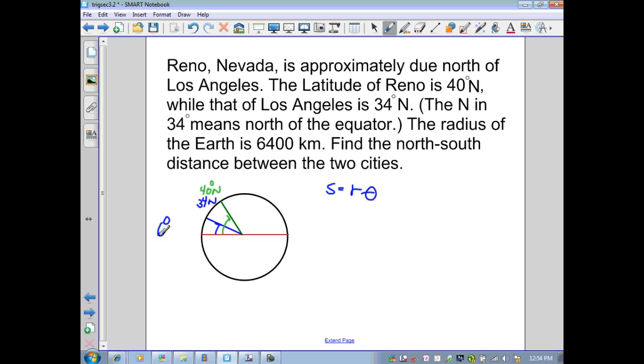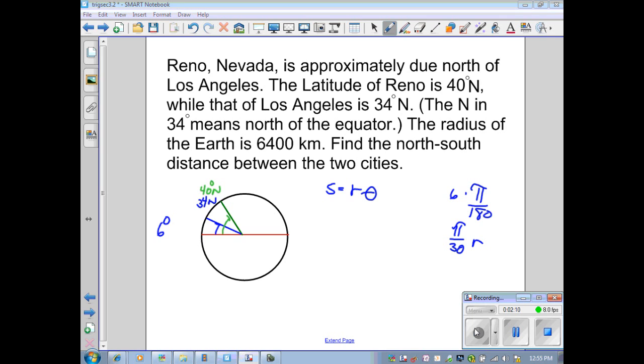But recall from previous slides, the first thing I need to do is actually convert 6 degrees into radians. So 6 times pi over 180 is going to give me pi over 30 radians for the angle measure.